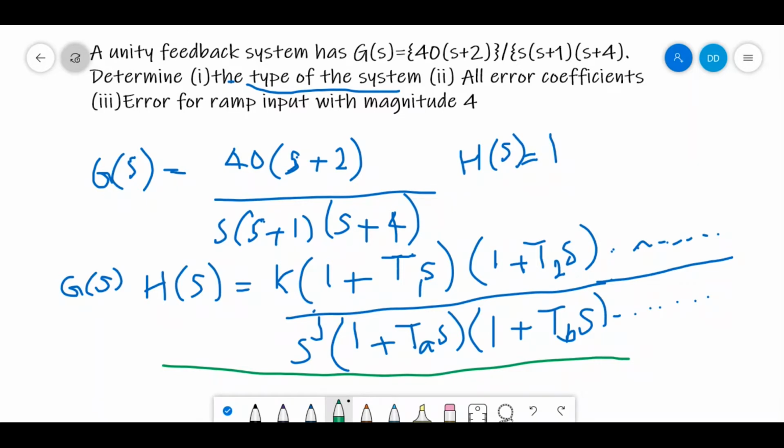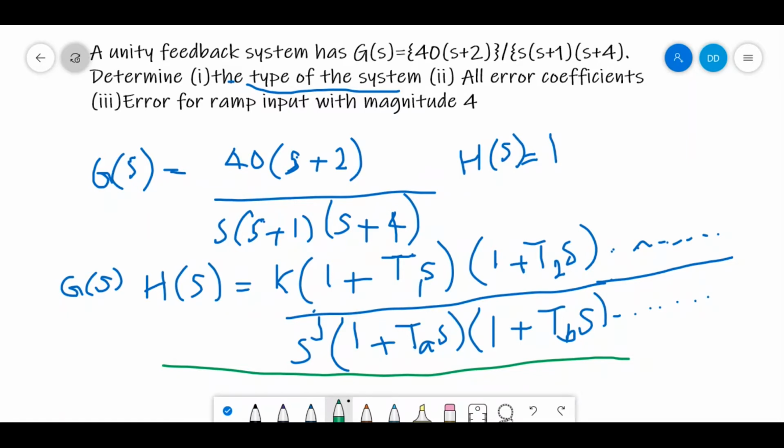In the denominator, you can find S to the power J, where J indicates the type of the system. If J is equal to 1, it is a type 1 system. If J is equal to 0, it is a type 0 system. If J is equal to 2, it is a type 2 system, and so on.